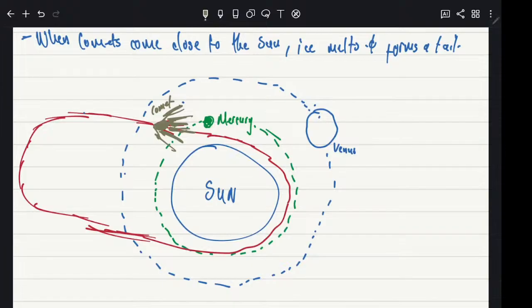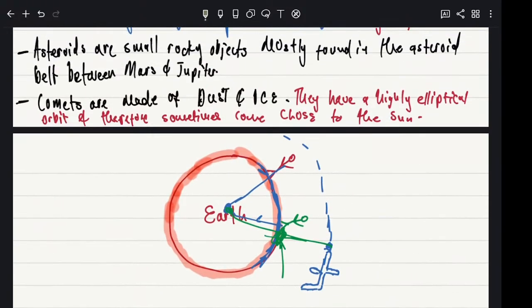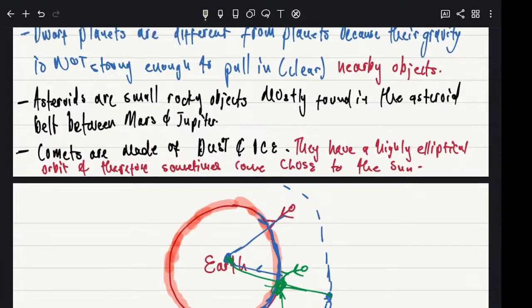Okay? You've seen it? So if you say elliptical, it means it's not a circle. Not a circular orbit.